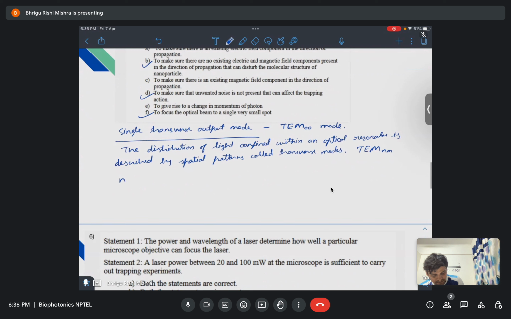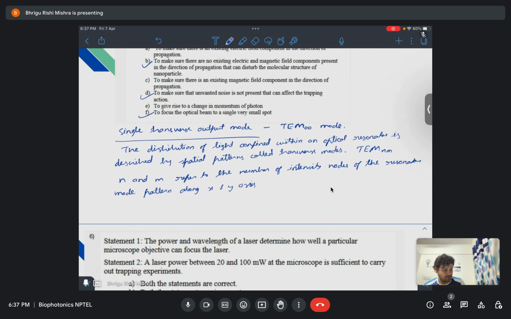This N and M refer to the number of intensity nodes of the resonator mode pattern along X and Y axis.